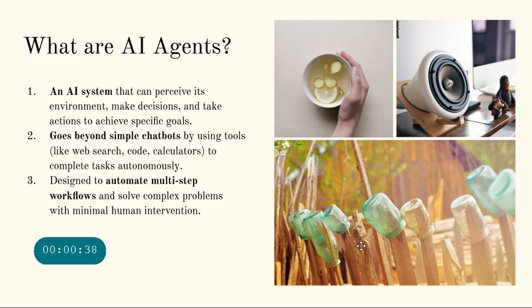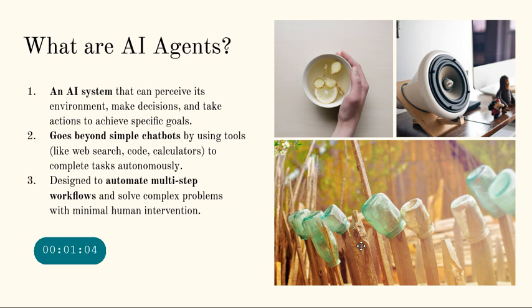So let's start with the AI agent. Think about an AI agent as an AI system that can perceive its environment, and it can make decisions and take actions to achieve specific goals. And really, it goes beyond simple chatbots because it has access to various different types of tools.